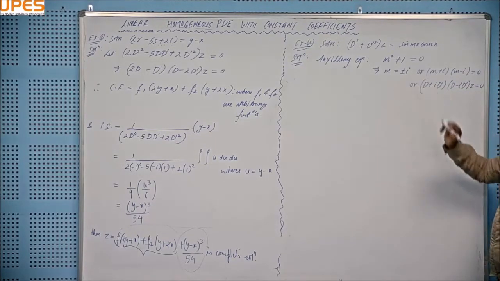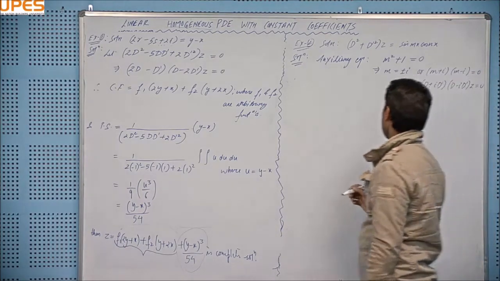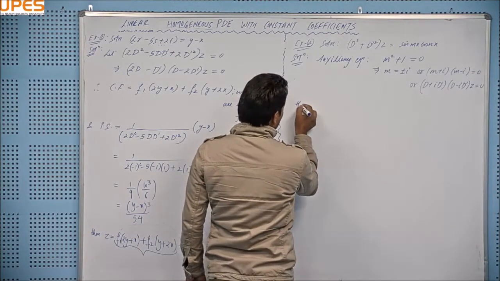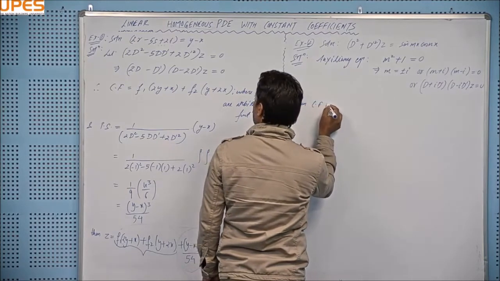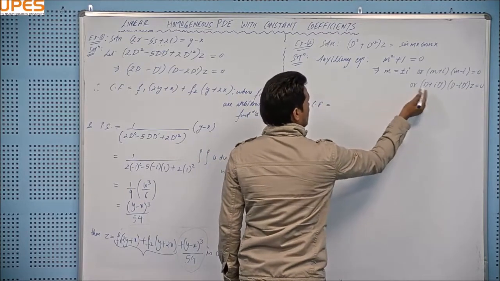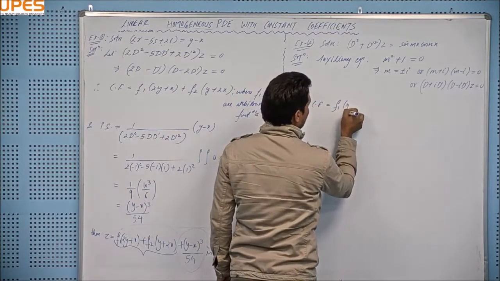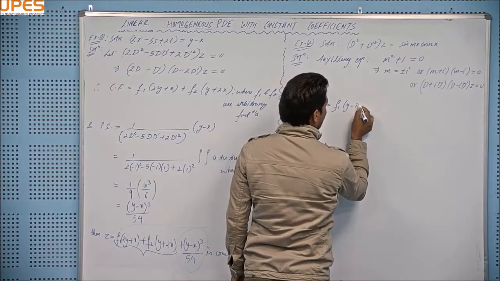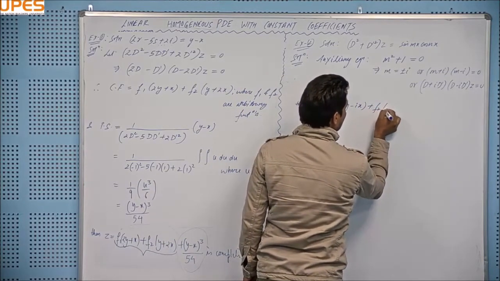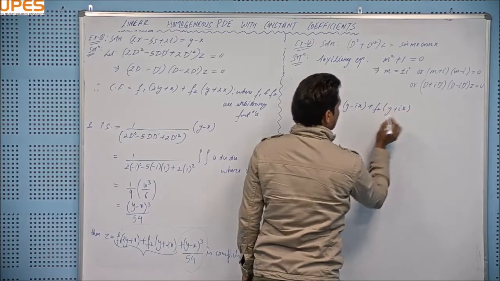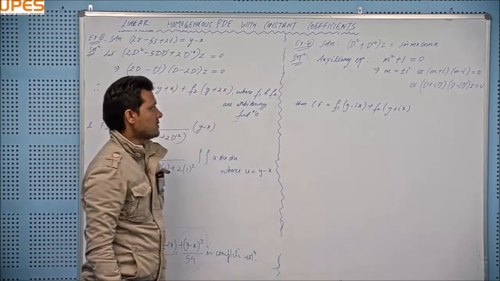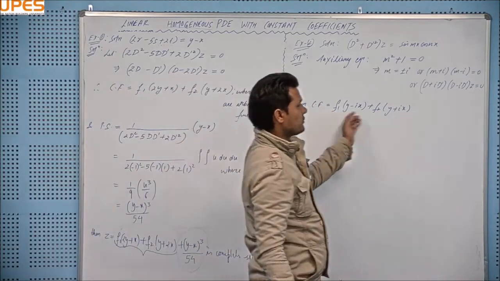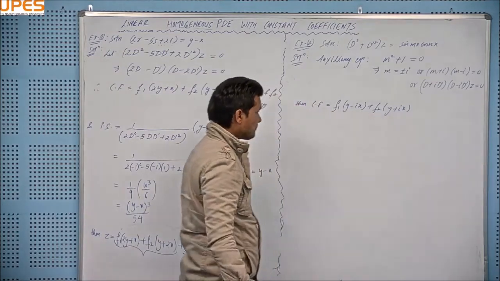You can use this or use this directly, okay? Then the complementary function is equal to, for this part, f1, and the sign gets changed, (y minus iota x), f2 (y plus iota x), okay? This is the complementary function, where f1 and f2 are arbitrary.